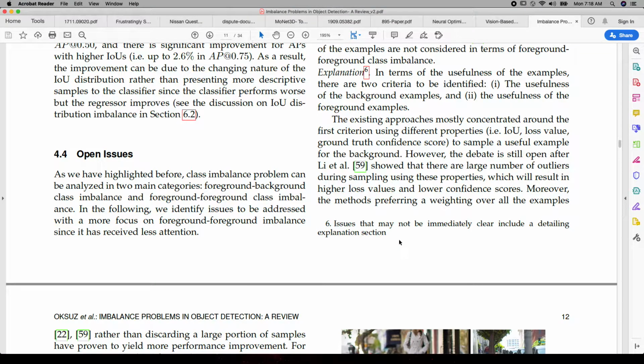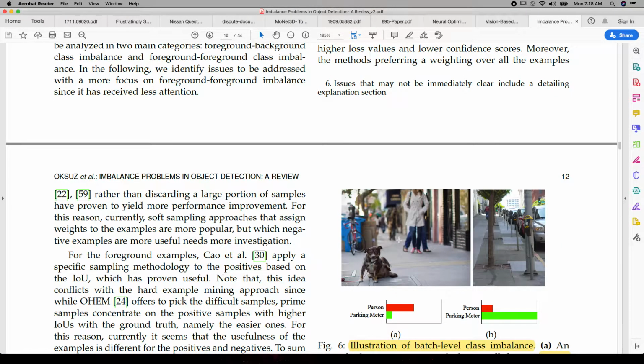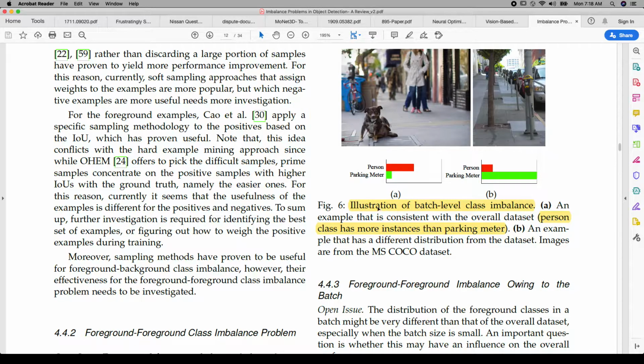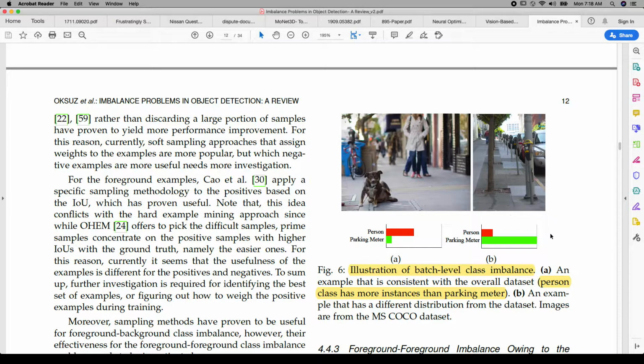Moving on, the open issues. You will see here an illustration of batch-level class imbalance. For instance, this is an example that is consistent with the overall data set. Here in class A, you have a person class with more instances, and parking meters. So these are persons.